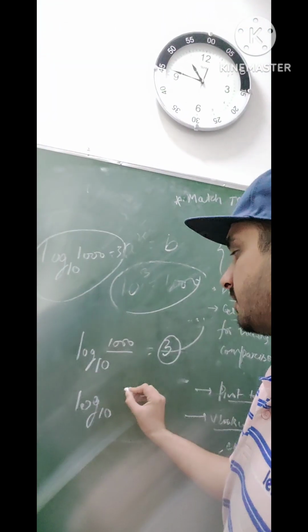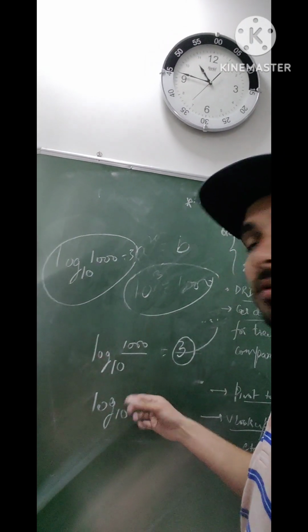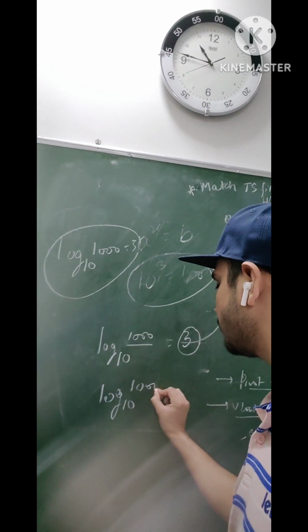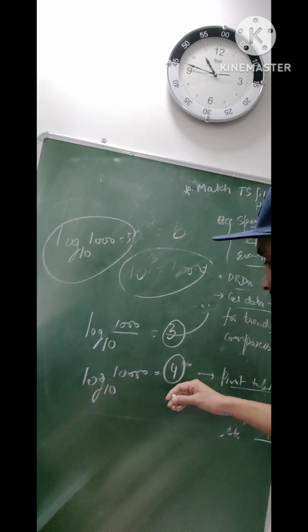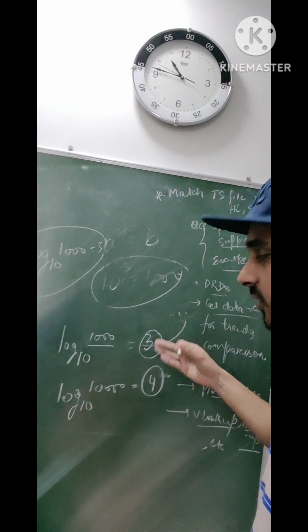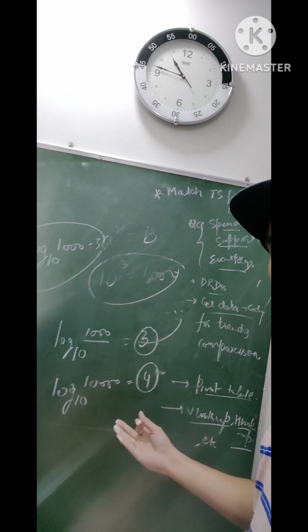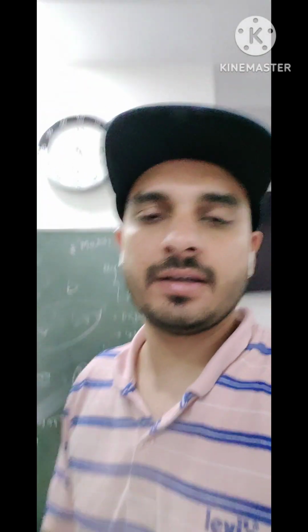If we witnessed 10 times more amplitude of waves, then this will be 10,000 and the value will be 4. So that's why we say that an earthquake of 4 magnitude is 10 times more intense than an earthquake of 3 magnitude, because we use the logarithmic function, and it is quite evident here, right? You can see it.